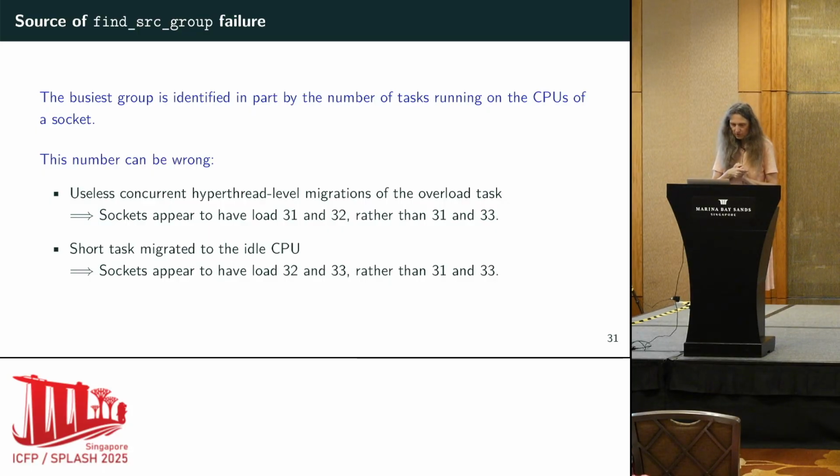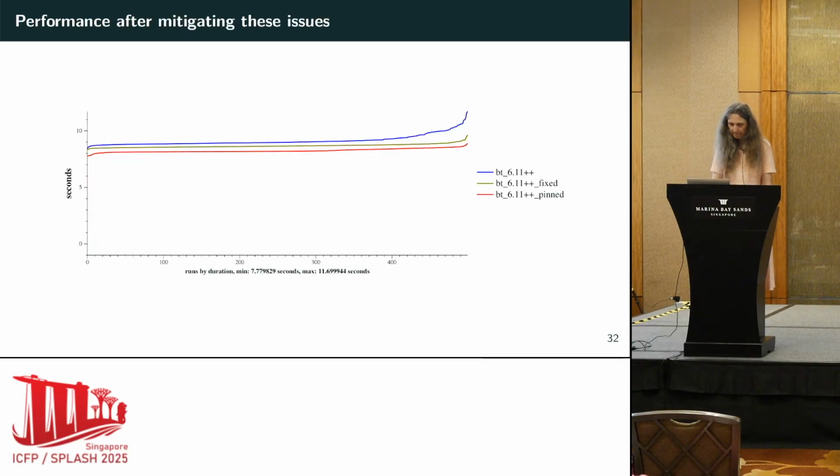Another issue is that part of the whole load balancing process involves waking up a kernel thread on the socket that is trying to steal, and in that case it looks like that socket is full already. So again, we have strange concurrent effects that make us decide in the wrong way.